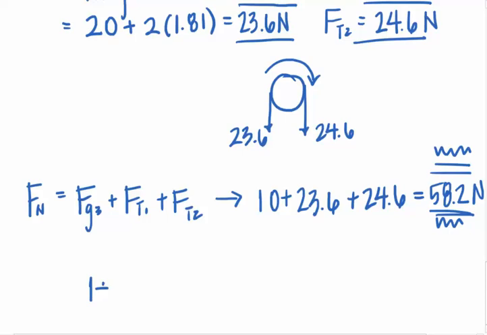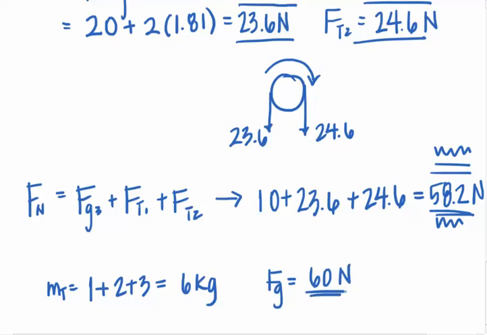It's 1 kilogram plus 2 plus 3, so 6 kilograms is the total mass of the system. So the total weight of the system would be 60 newtons. Why is it different? Why is it not 60? Because it's moving.